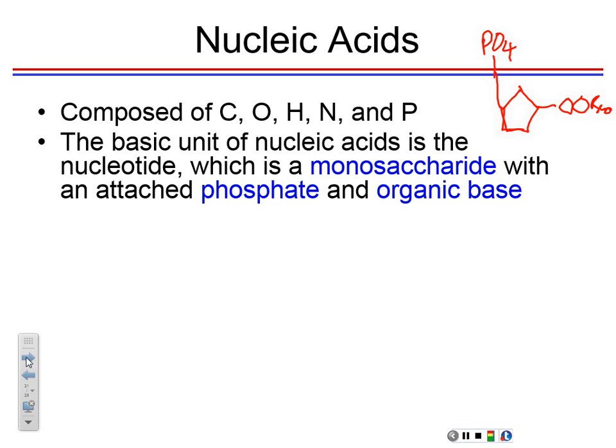So the organic bases are things like adenine, thymine, guanine, and cytosine, which are the bases in DNA actually. You can't have problems with that in the LS module. All right? And then uracil, it replaces thymine in RNA.